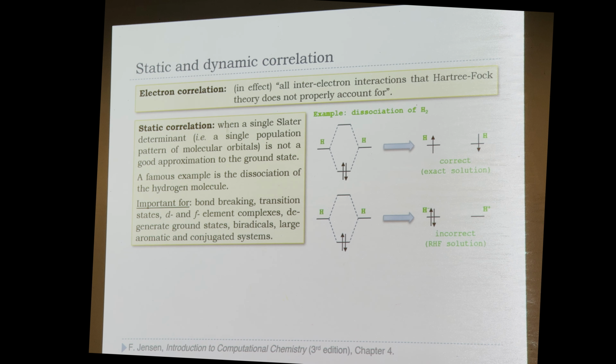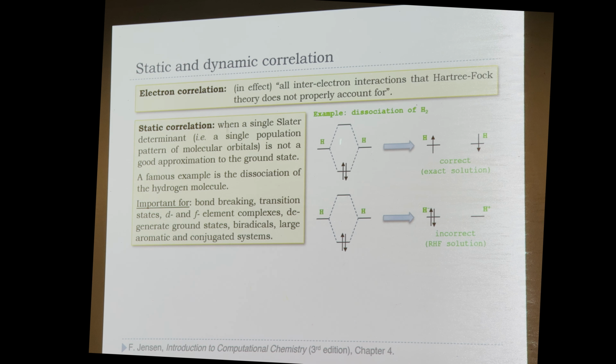But because our wave function is restricted to have identical spatial part for the spin up and the spin down, the only way that the hydrogen molecule can break apart in that approximation is like this. So the 2 electrons must have exactly the same spatial location, just a different spin. But this, of course, is emphatically not how the hydrogen molecule breaks apart. You should have this. Right, that is the correct solution, so 1 electron on each of the 2 hydrogen atoms.